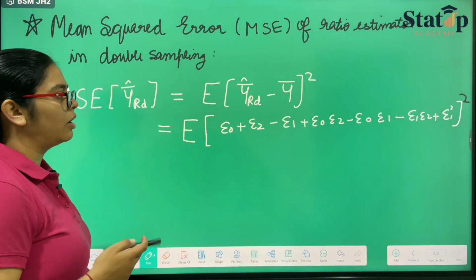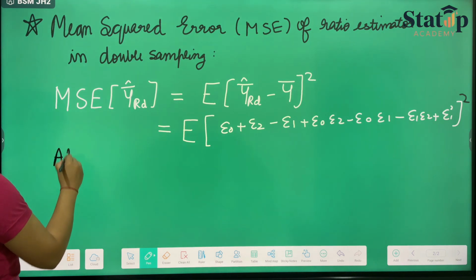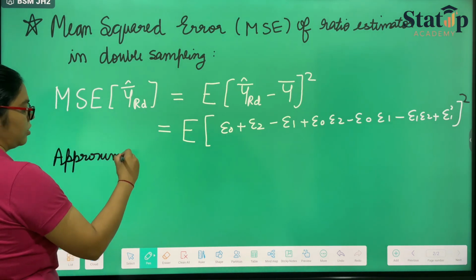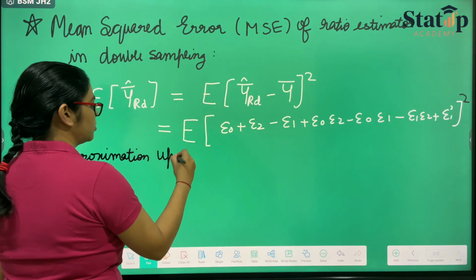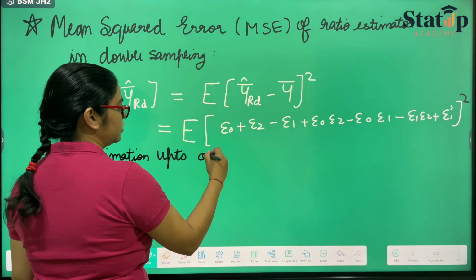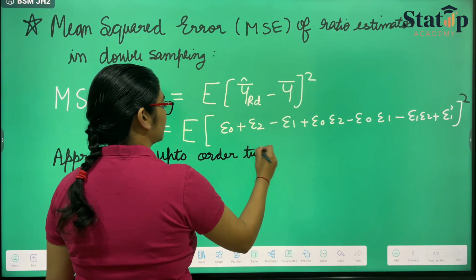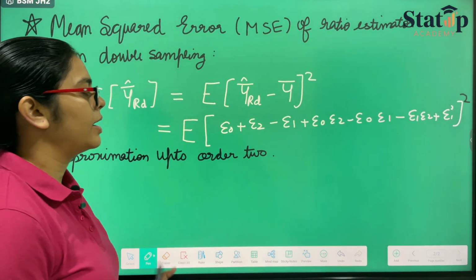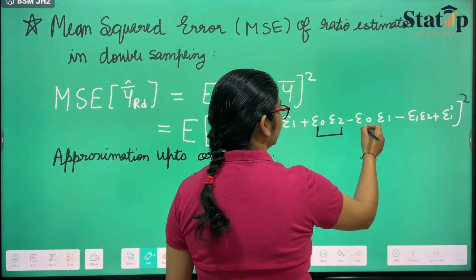So now we will take the approximation up to order 2. We have to take up to order 2. So if we take the squares of these two terms, these will become more than 2, which is 4.